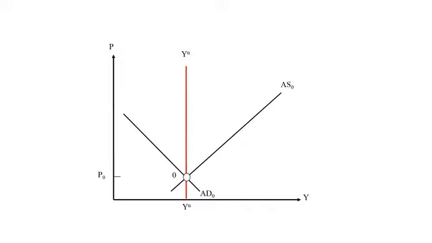According to our figure, the economy is initially at point 0 where the AD0 aggregate demand curve and AS0 aggregate supply curve intersect. Let us assume that in such a situation, workers decide to raise wages because they want to raise real wages or do not want real wages to fall due to high inflation expectations.